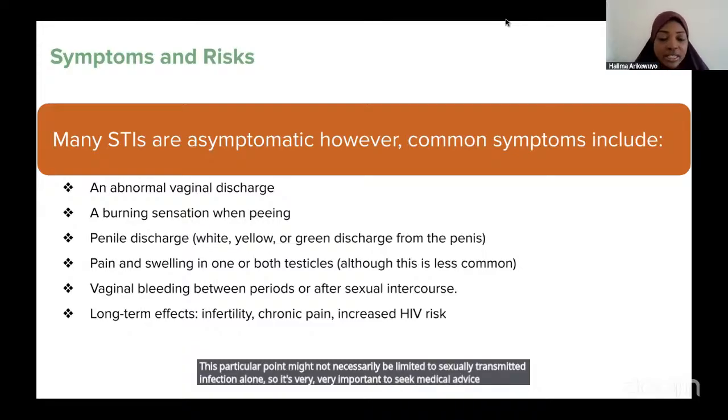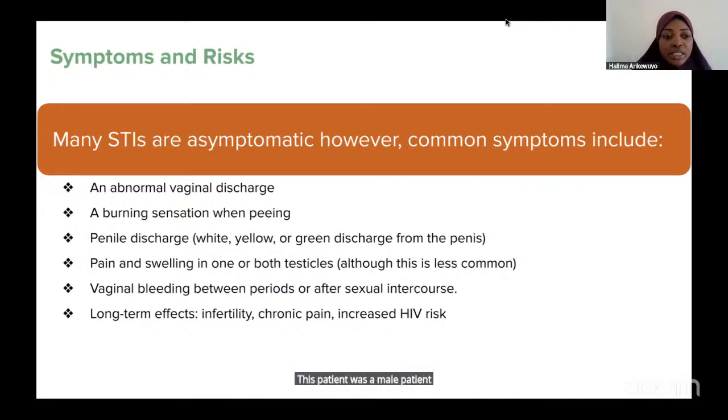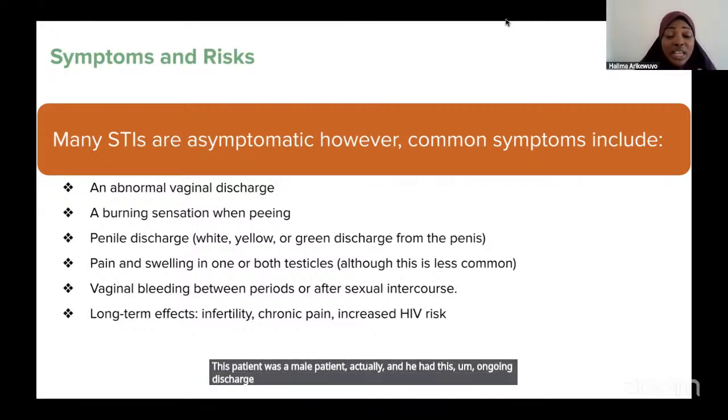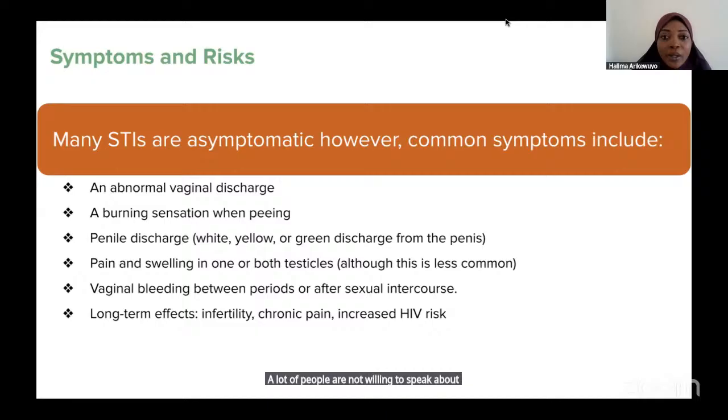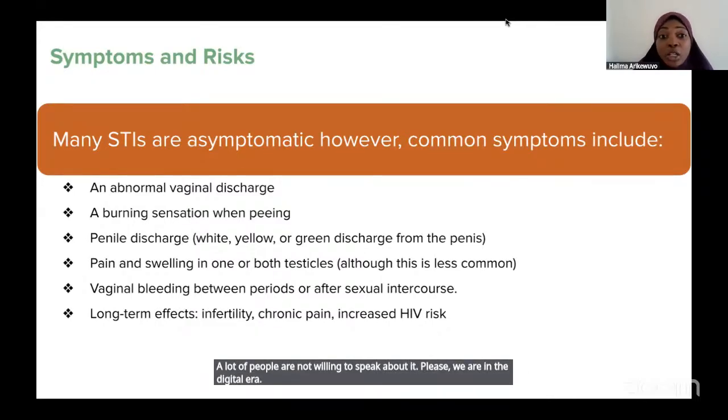I'm going to cite an example again. I remember having a patient years back, a male patient actually, and he had an ongoing discharge. He felt really ashamed to speak about it. Again, there's a lot of stigma with sexually transmitted infections. A lot of people are not willing to speak about it. Please, we're in the digital era. Some of these services could be gotten online.